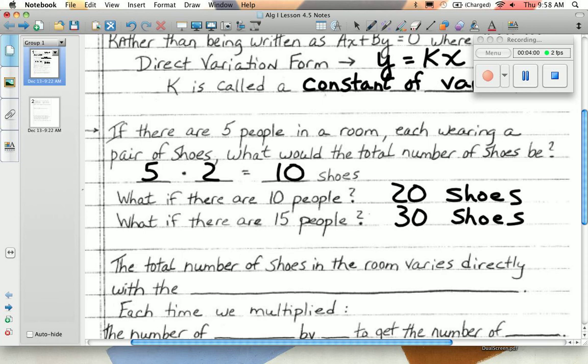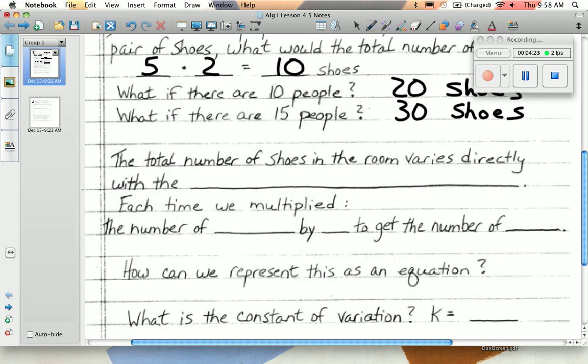Each time, what did we do? Multiply the number of people by 2. Right, because each of them was wearing a pair of shoes. The 2 didn't change, did it? The 2 stayed the same. What changed? The number of people, which then changed the number of shoes. So we can say that the total number of shoes in the room varies directly with the number of people.